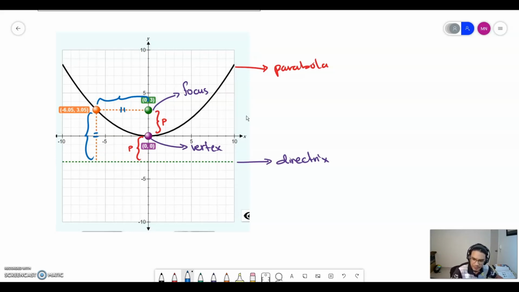Let's say this distance is m, between the focus and the point on the parabola, and the distance from the point on the parabola to the directrix is also m. The angle between the directrix and this orange dotted line must always be 90 degrees.